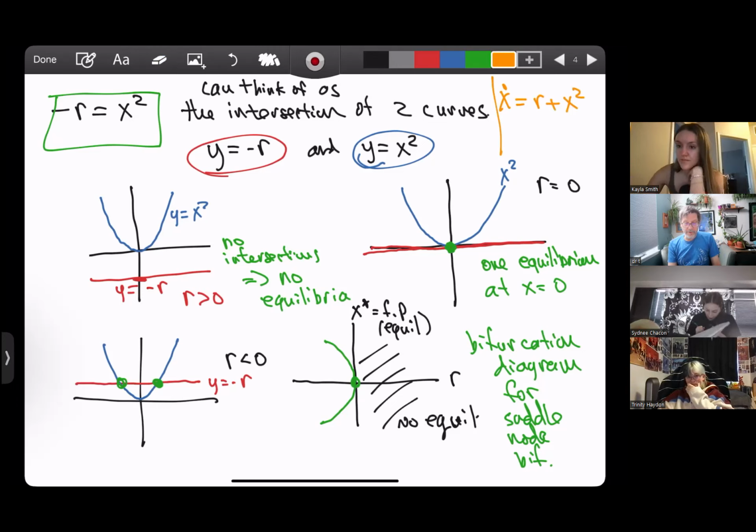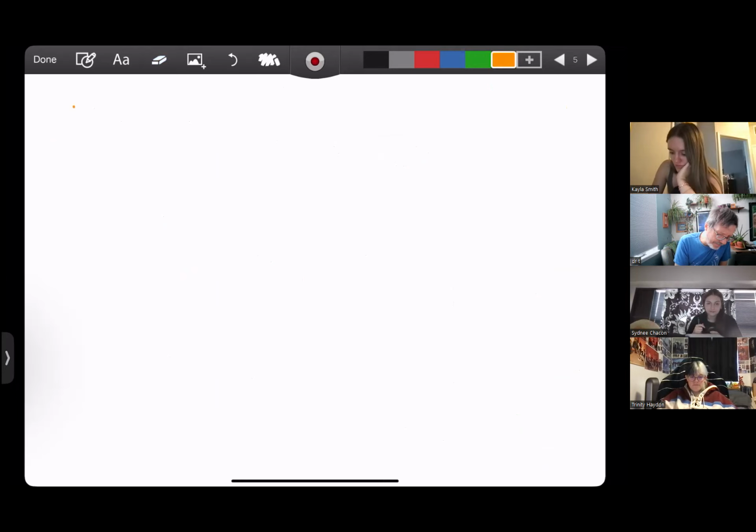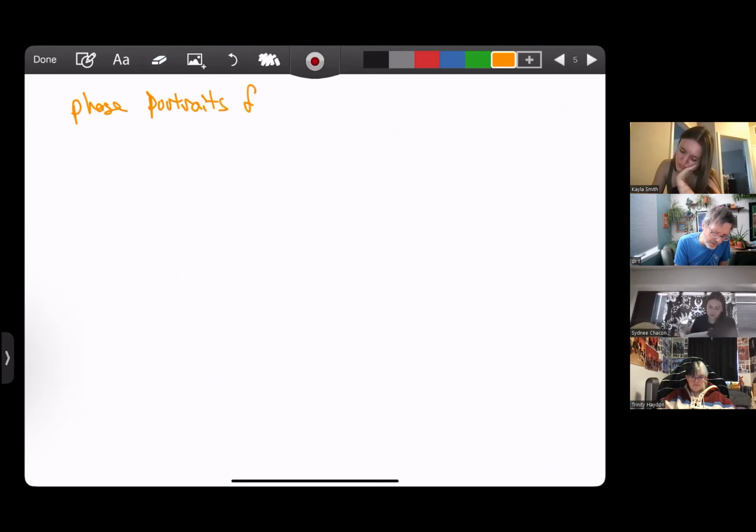We don't have to do any stability analysis when there are no equilibria. So when R equals 0, let's look at the phase portraits for the equilibrium states.